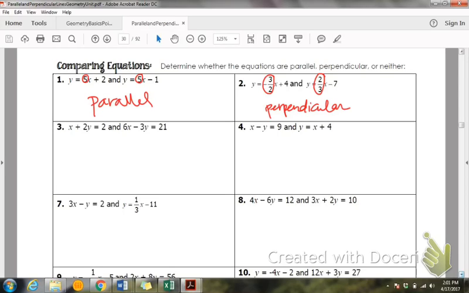Go ahead. On number 3, you're going to change both of them into y equals mx plus b. So on the first one, they are in standard form. We're going to change them into slope form.